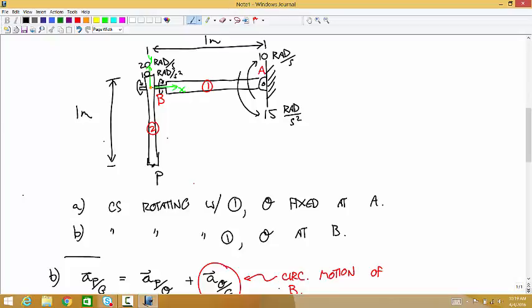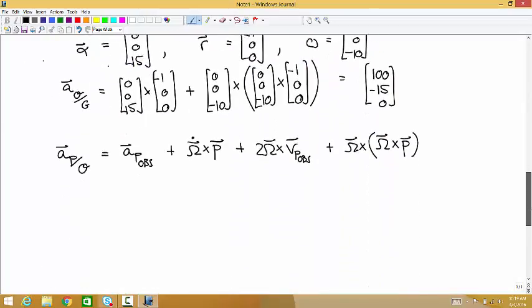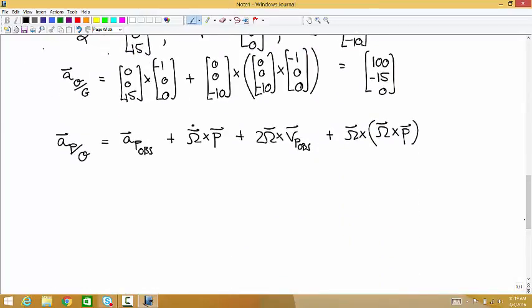Since we're fixed with body 1, we don't notice any of this stuff. We're just seeing that point P move around like this.